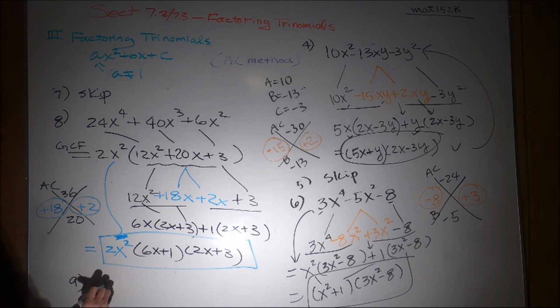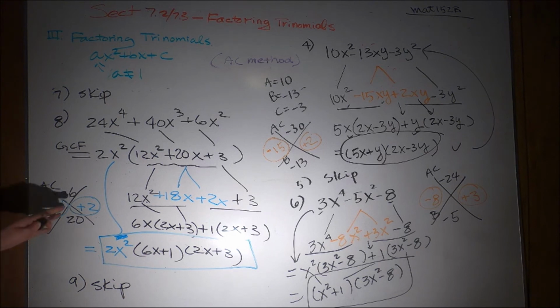We are going to skip number 9. You practice. It's the same as this one. So that would be our section 7.2 and 7.3. What did we do? Factoring trinomials with leading coefficient either a is 1 or a is not 1.